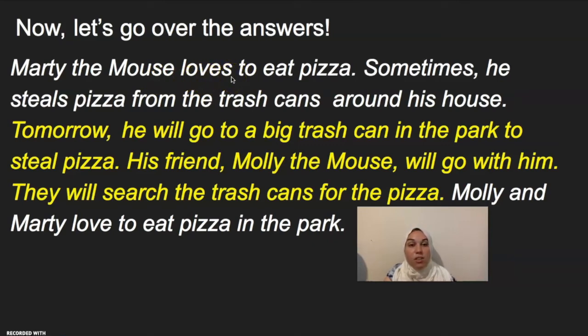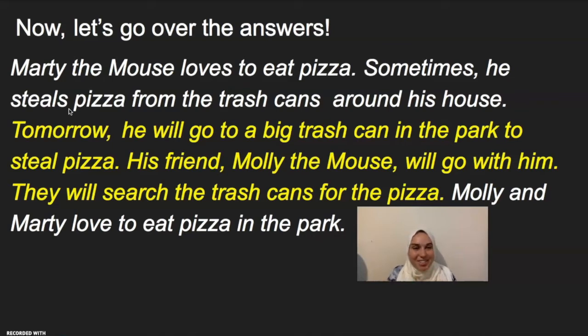Therefore, we know that this sentence is not in our simple future tense. Sometimes he steals pizza from the trash cans around his house. I don't see a will in this sentence, and our verb has an S, so it's not in the infinitive. So this one can't be in the simple future tense.